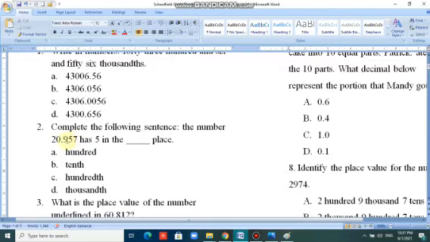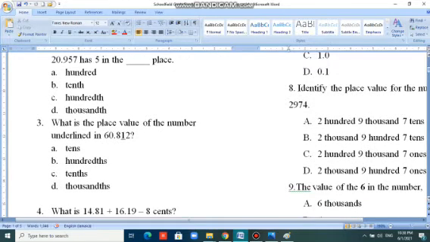So the 9 is in the tenths place, the 5 is in the hundredths place, and the 7 is in the thousandths place. So it's 9 tenths, 5 hundredths, and 7 thousandths. So the 5 is in the hundredths place, and not the hundred, but hundredths place. So the answer is C. All right. Number 3, moving along.